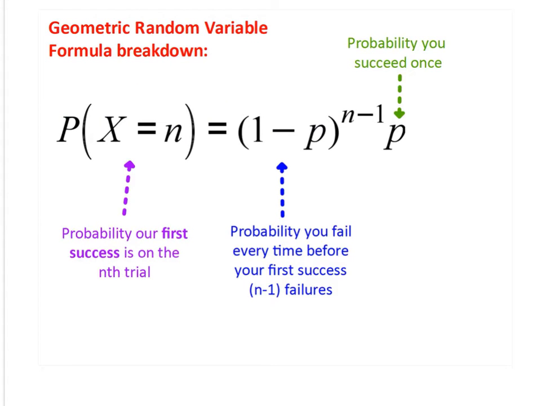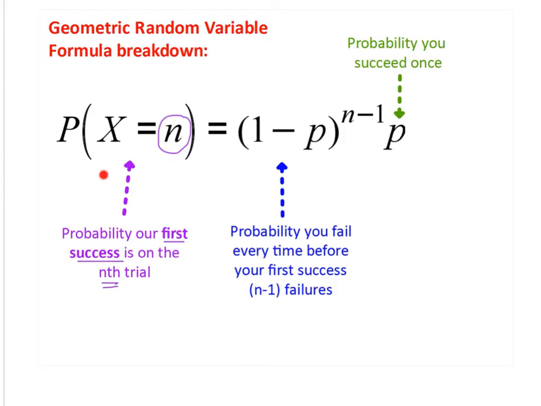If we break down the first piece, it is the probability x equals n. Well, this n right here is saying the probability our first success is on the nth trial. So we're saying, what's the probability I fail every time before trial n?